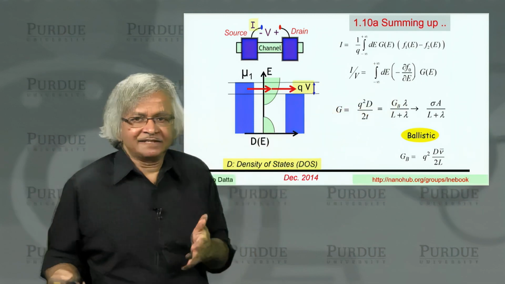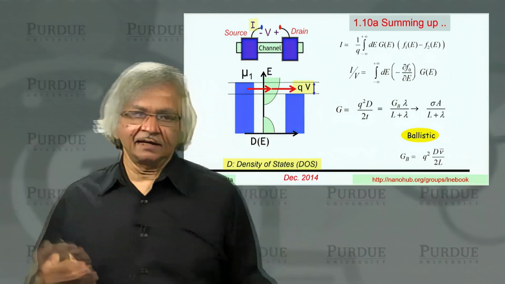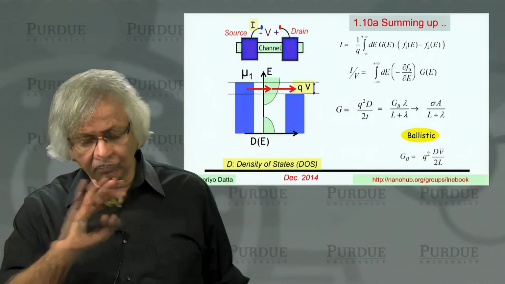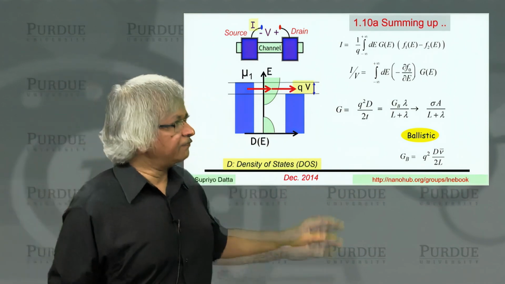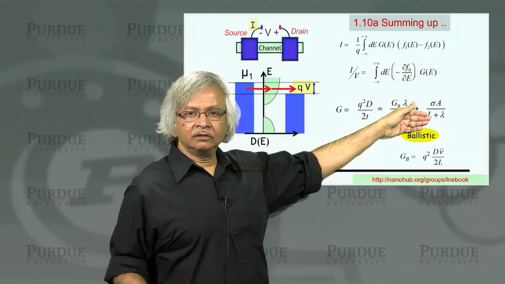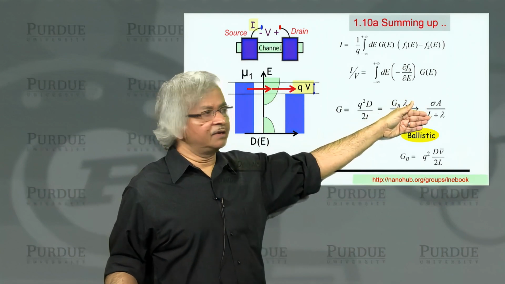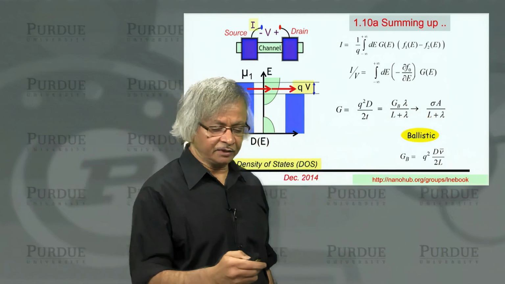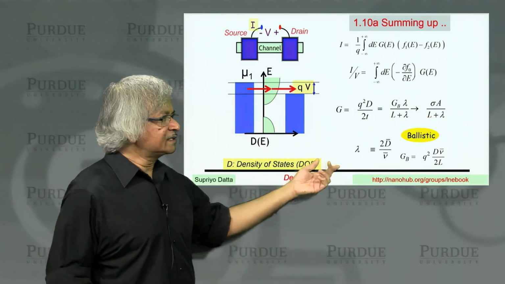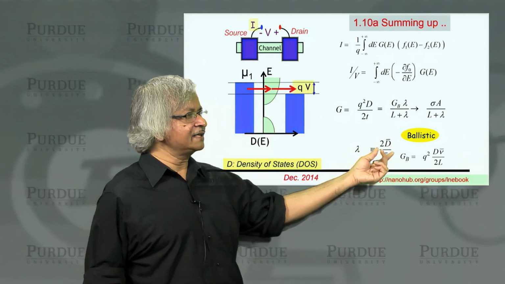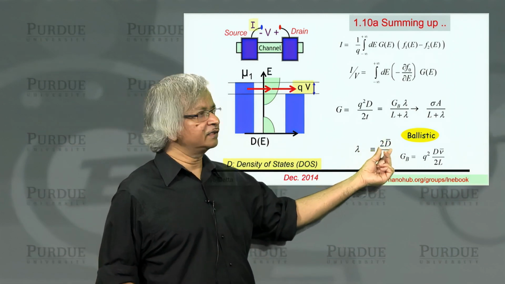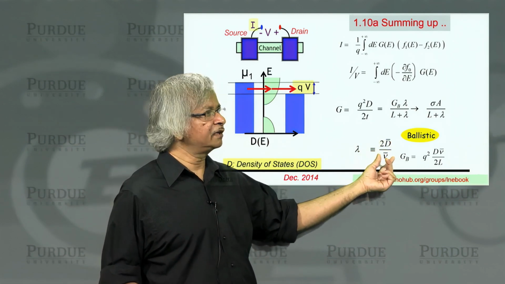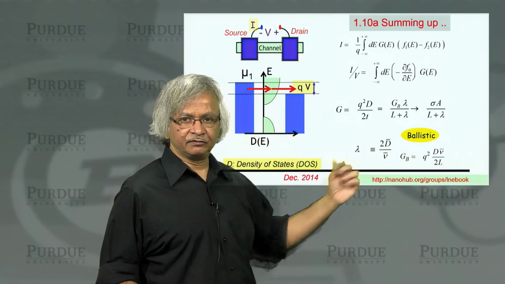So we don't have a separate story for ballistic and another for diffusive. It's just one continuous story. If L is small, you get the ballistic limit. If L is large compared to lambda, you get the diffusive limit. And this lambda here we defined as 2 times the diffusion coefficient divided by the average velocity.